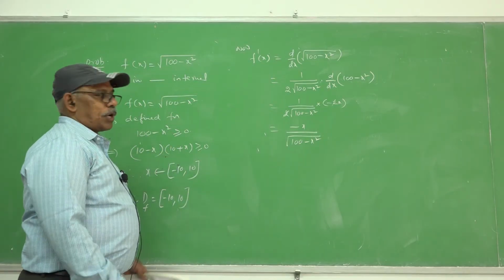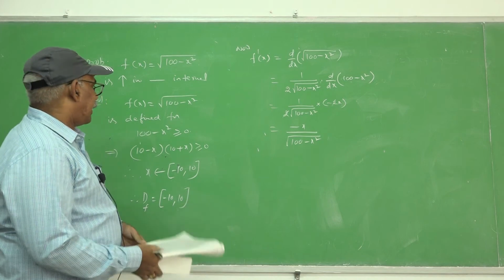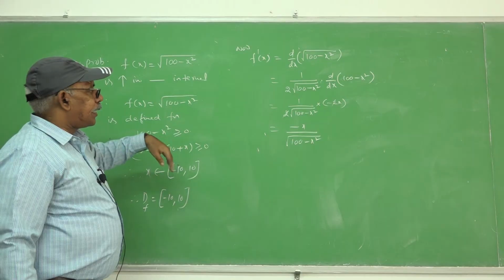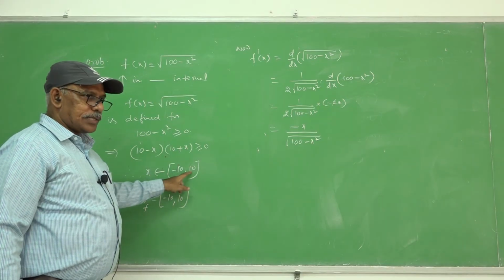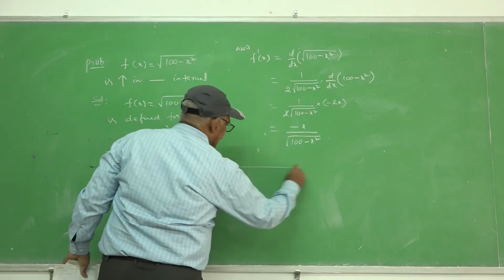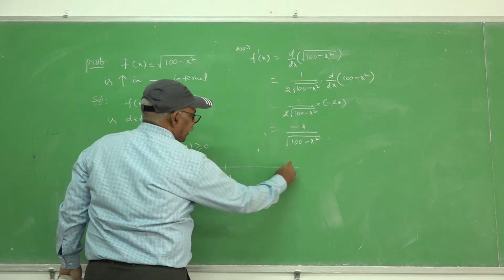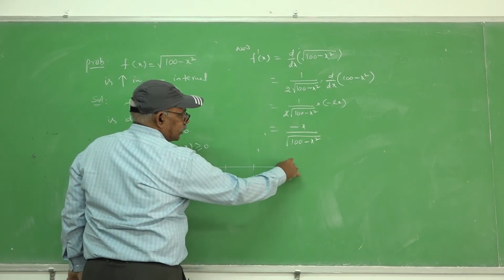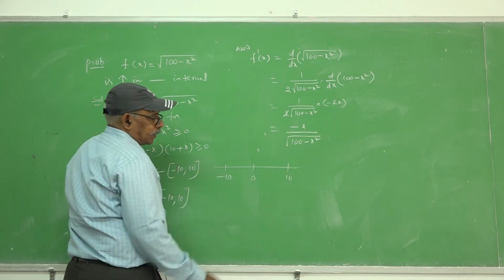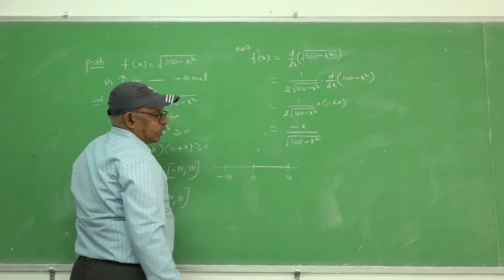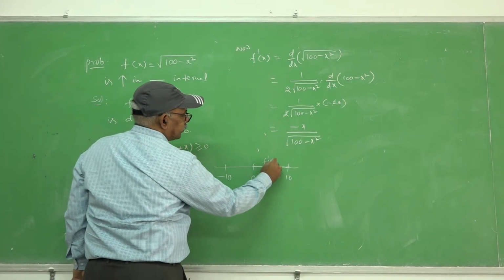Whenever x is positive and less than 10, because x lies between minus 10 and 10. X is positive means x is more than 0 and less than 10. In this interval, clearly f dash x is negative.